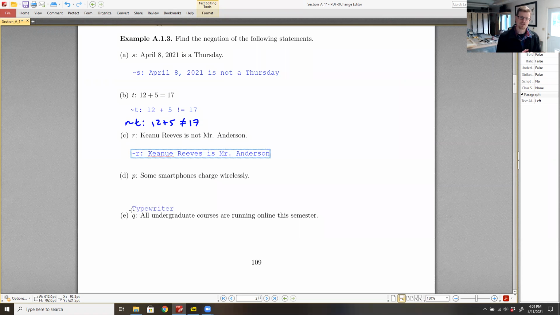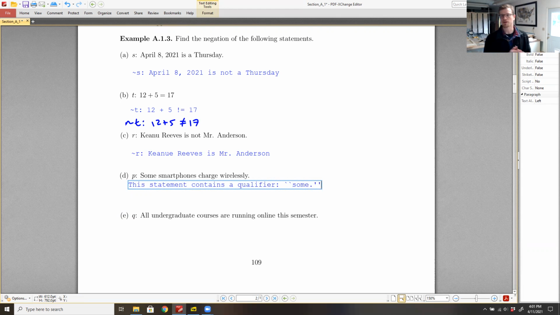All right, so these last two are a little bit more interesting because they have what are called qualifiers. This statement contains a qualifier, and that qualifier is the word some. To know how to handle this, we have to get an idea of how to negate this, because the some makes a really big difference. So if the statement is that some smartphones charge wirelessly, and we want to negate it, we want to give the opposite situation.